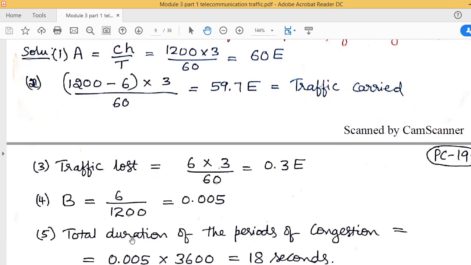And grade of service is 6 by 1200 as previously defined. You may observe here that if the number of calls that are lost is smaller and smaller, you will have a smaller grade of service value. It means that the smaller this is, the better the system is.